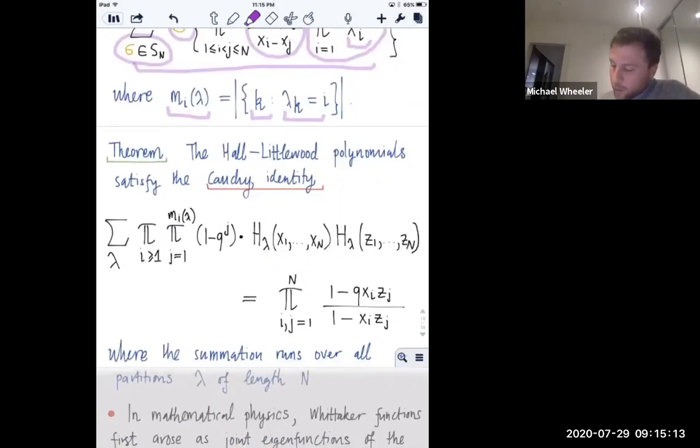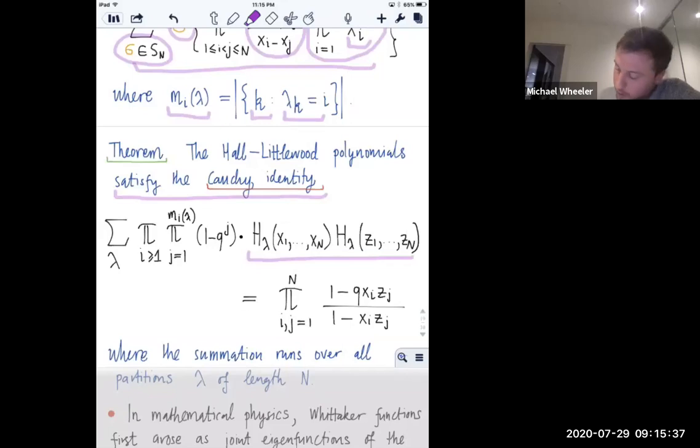All right, so then we come to a theorem, which we're not going to say anything about the proof. And that is that the Hall-Littlewood polynomials satisfy a remarkable summation identity, which is usually referred to as the Cauchy identity. So what it is: I take a product of two Hall-Littlewood polynomials with two different alphabets.